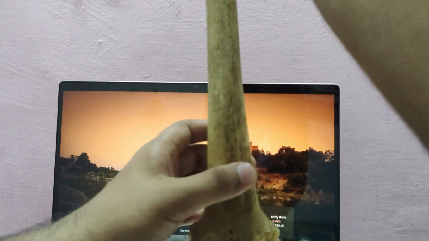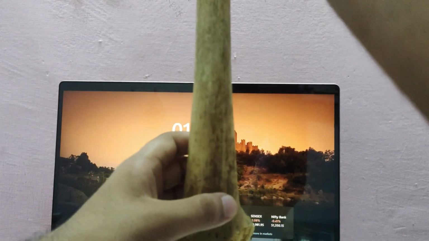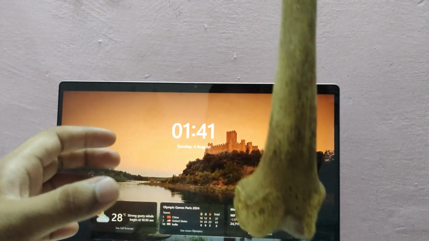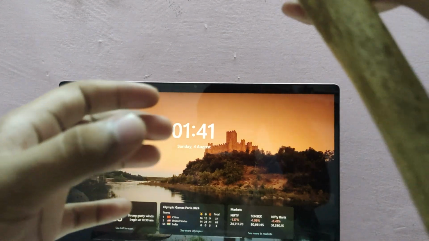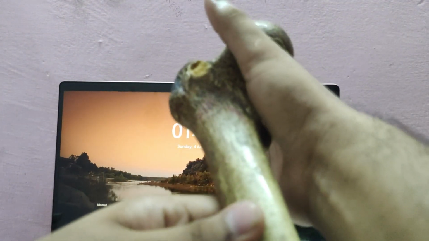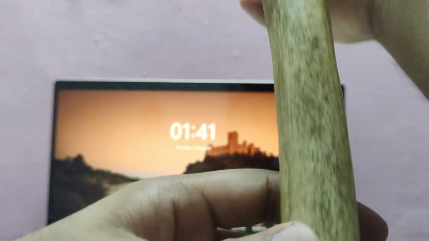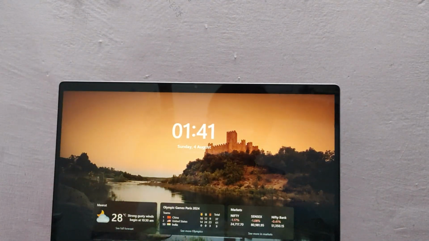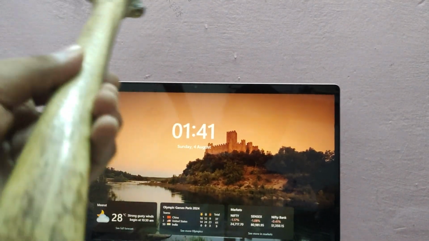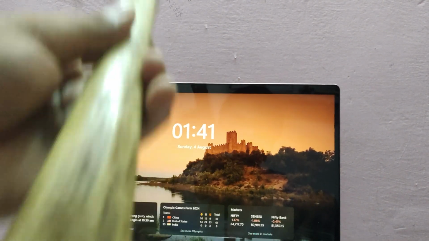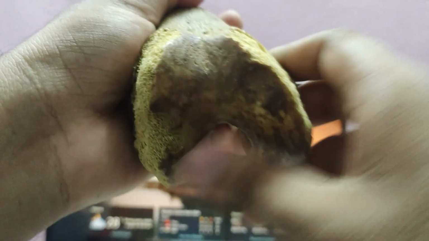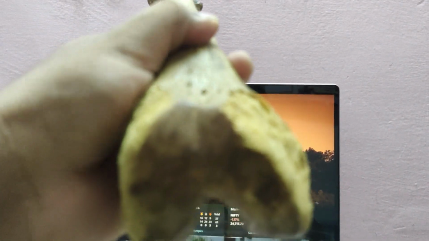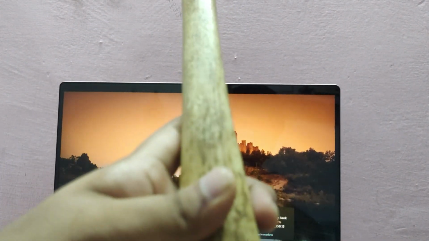If you can hold it in this position, it is the right hand side. It is one of the longest bones, and on the upper side is the hip joint, and on the lower side it is the knee joint. Thank you.